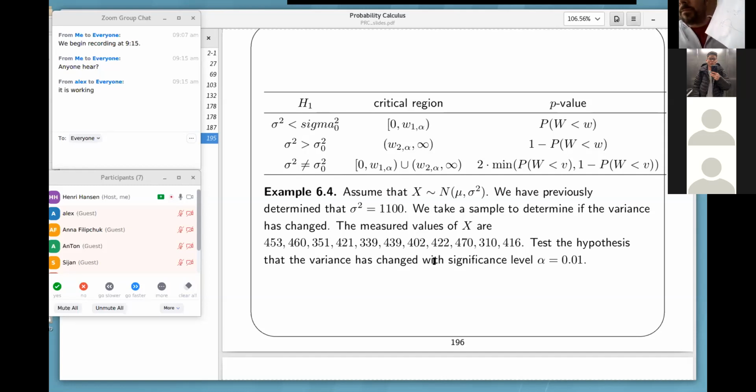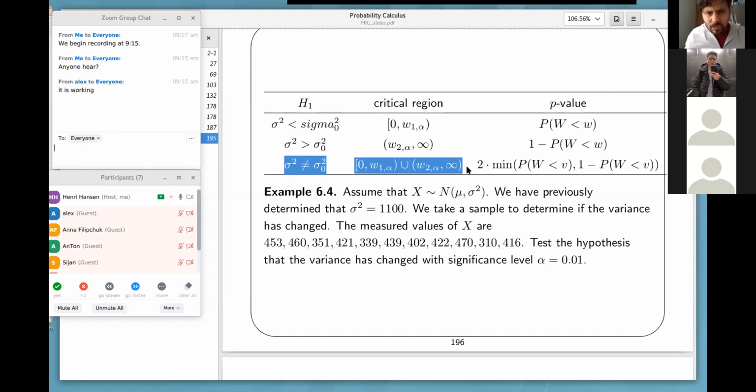If you want to test whether this value is small, then you get this region here. If you want to test whether it's large, you have this region here. And if you want to test whether it's simply different, well, the combined probability in this and this region should be the amount of alpha.